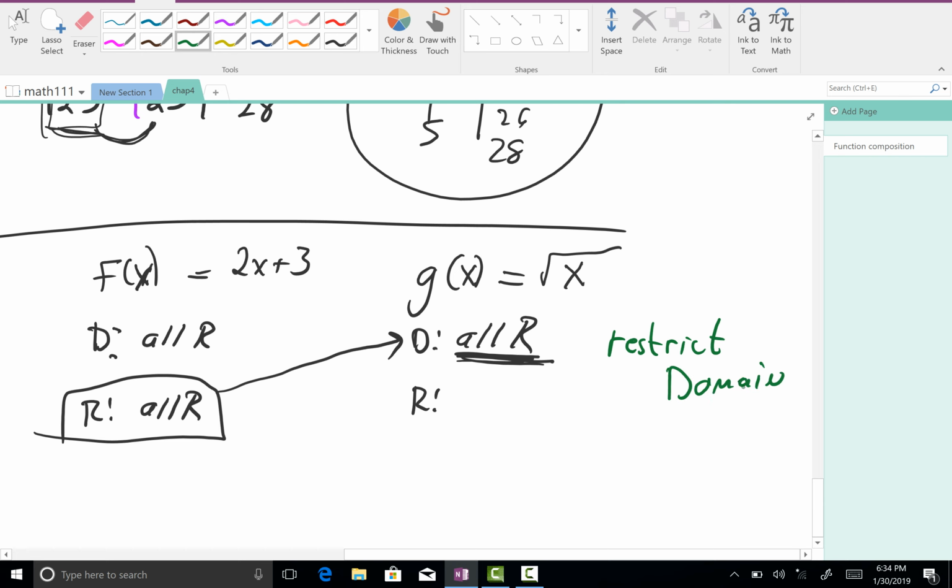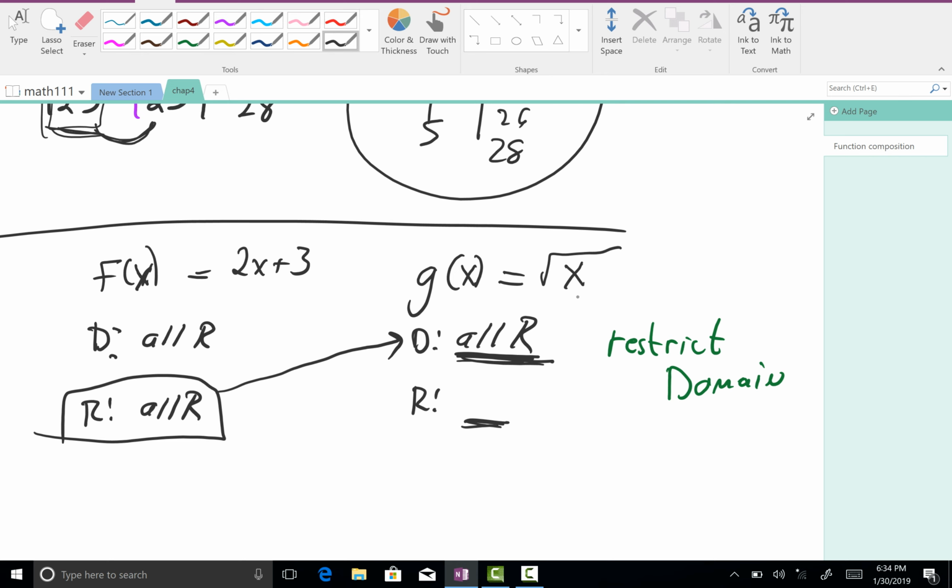Those outputs that I'm getting from the f function, they're not all going to work. So I got to restrict it, so that I get the numbers that are going to work. What is the range of this thing here if it's a square root? We got to think about that. Let's see what that graph looks like.